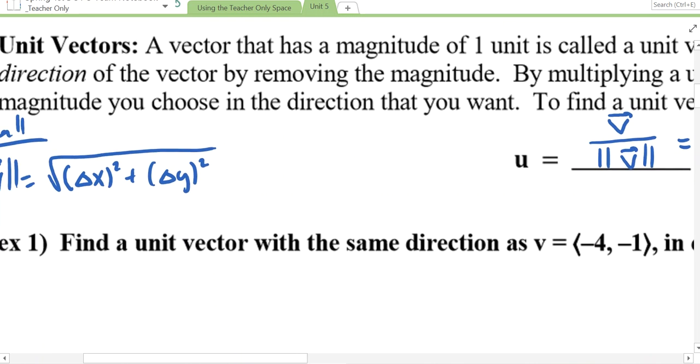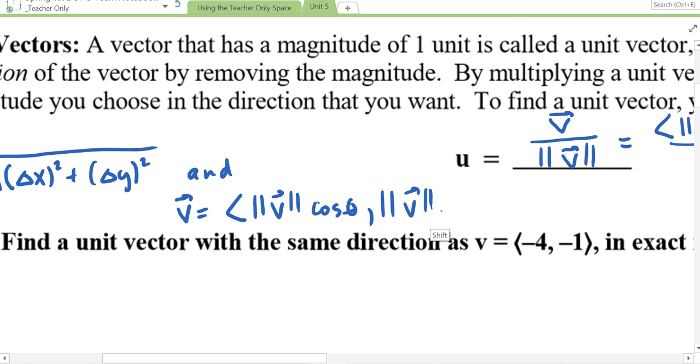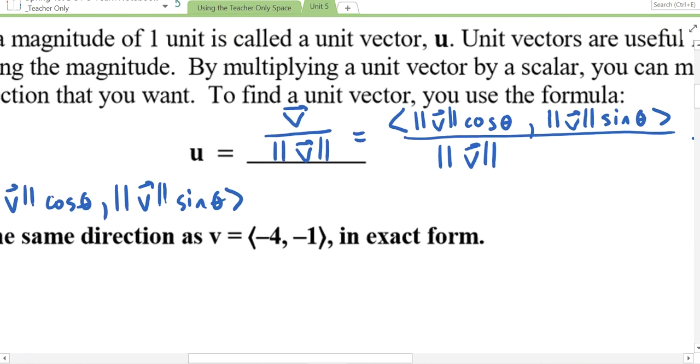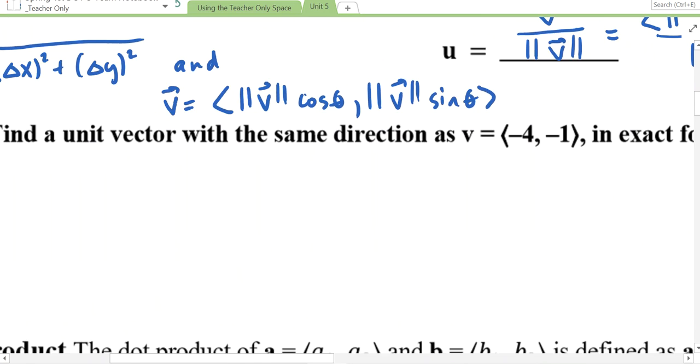And when we were going to find vector v, if you were given the components, remember that vector v is equal to the magnitude of v cosine of the angle, comma, magnitude v sine of the angle. Remember all that? Okay, so that's where I get this from. Understand? Well, you'll ask me in class if you don't.